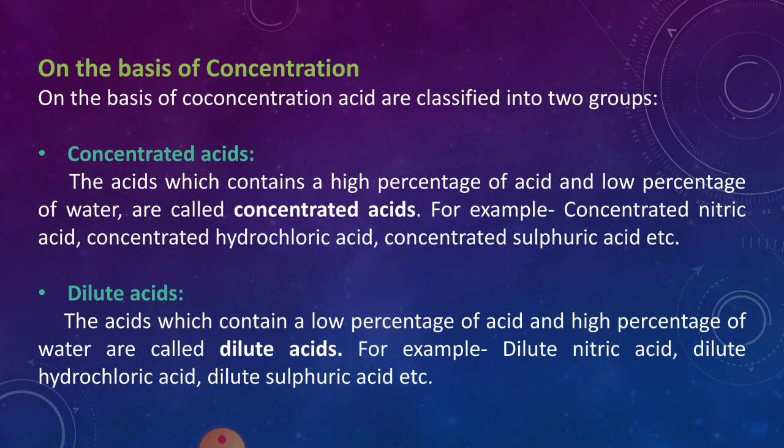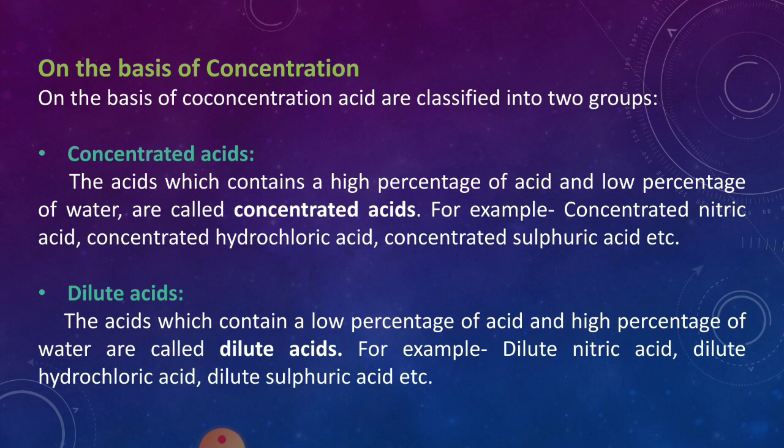So listen again: in concentrated acids a large amount of acid is present and a low percentage, a less amount, of water will be present. And in dilute acids a large amount of water will be present, means a high percentage of water and a low percentage of acid. This type of acid is called dilute acids.